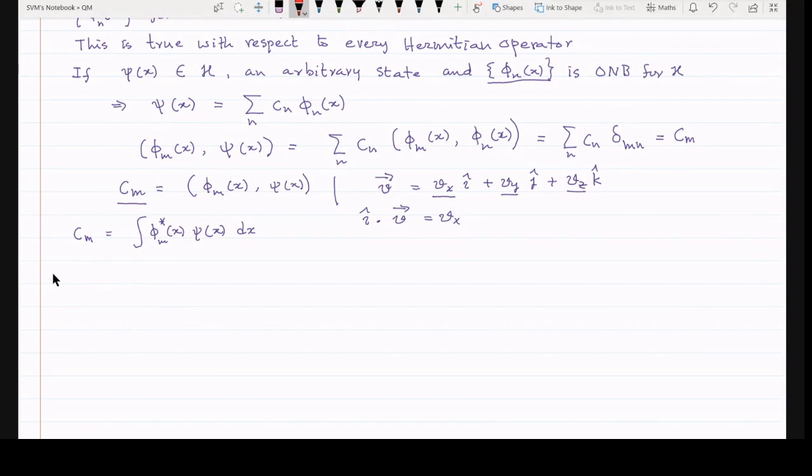So let us write this as our third point. The third point is that suppose, let's say we have a system. Okay, so let us say that we are interested in, we want to measure a physical observable.